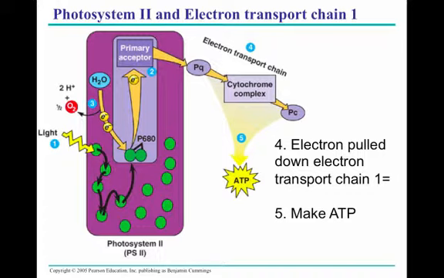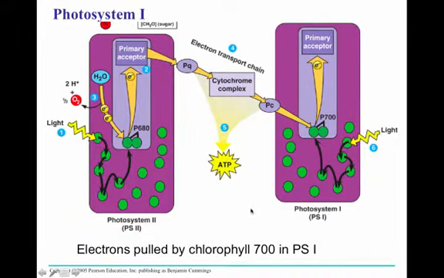So electrons are pulled down the first electron transport chain, and they are pulled by an electron deficient special chlorophyll molecule or molecules in photosystem 1. So the electrons again are pulled down the electron transport chain, and the driving force for the electrons moving down the electron transport chain is a deficiency of electrons in this second photosystem's special chlorophyll A molecules.